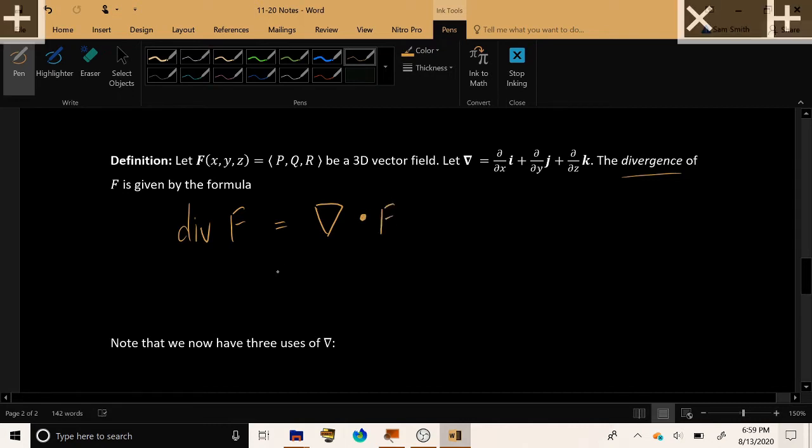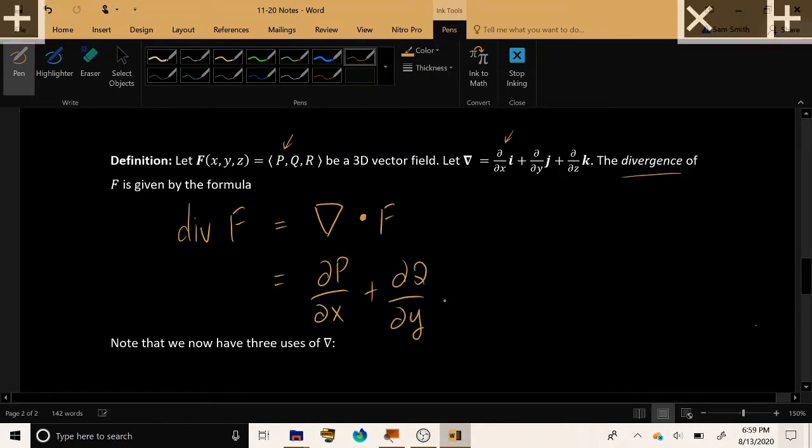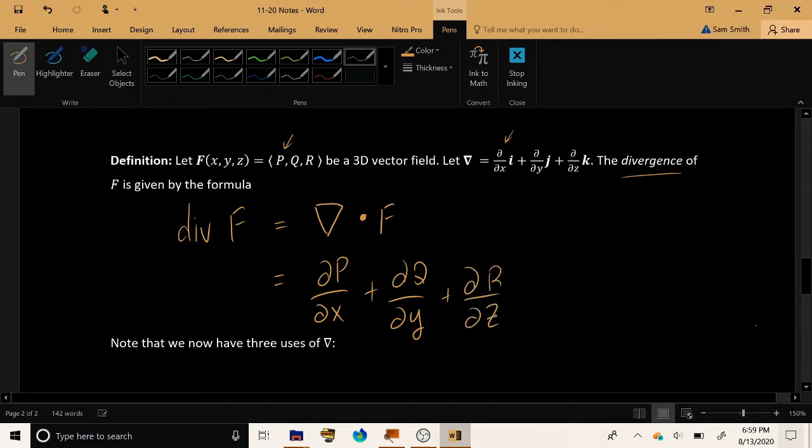In other words, we can find the dot product by taking the x-coordinate of the vector field and the x-coordinate of nabla and multiplying them together, giving you partial P, partial x, and then adding partial Q, partial y, and then adding partial R, partial z.